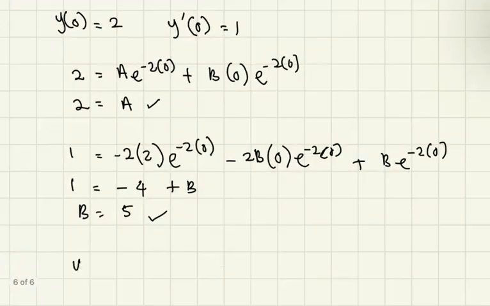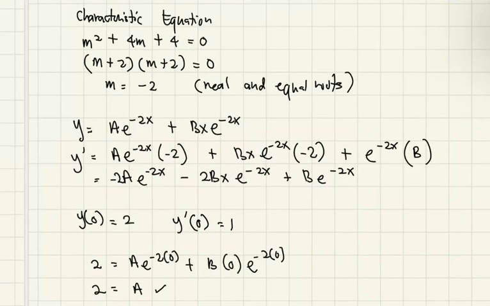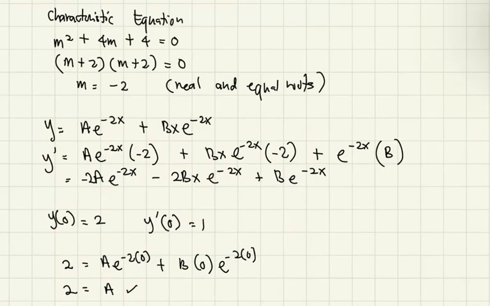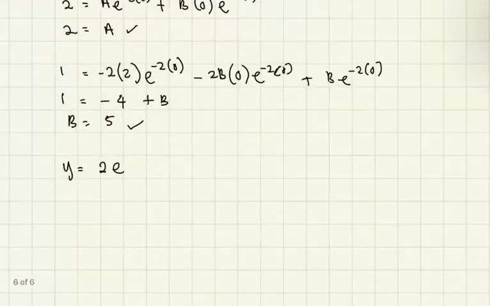Hence our solution will be 2 exponent minus 2x plus 5x exponent minus 2x.